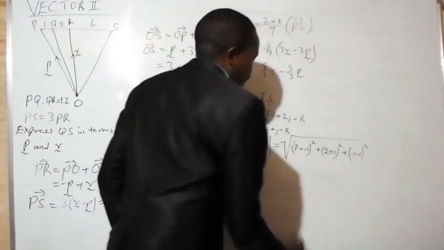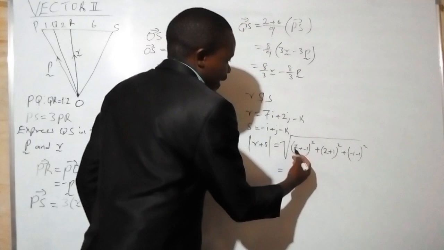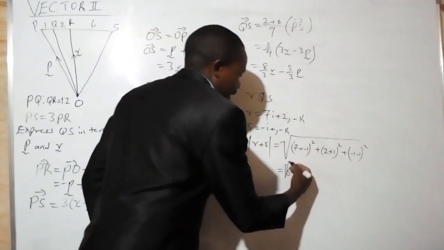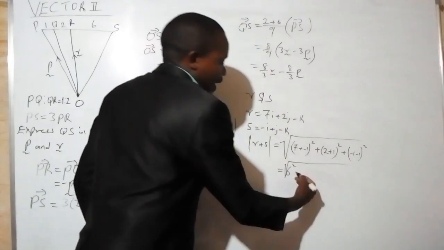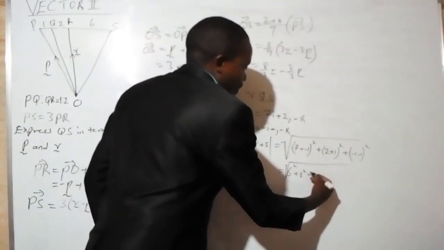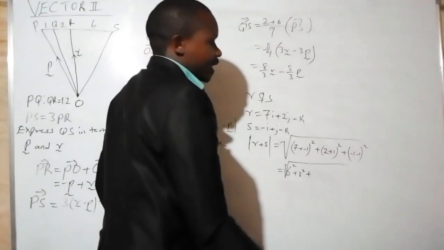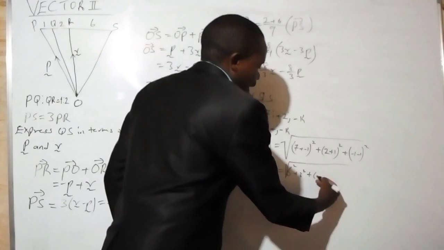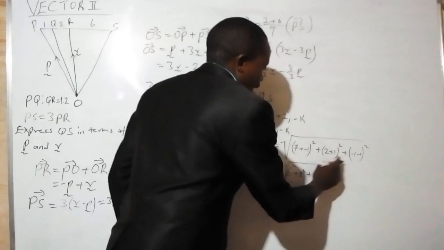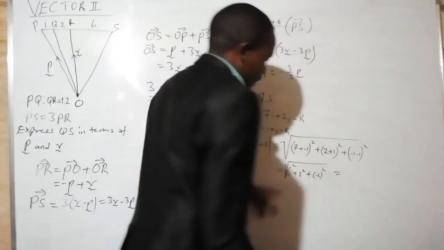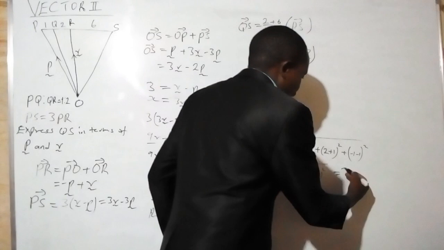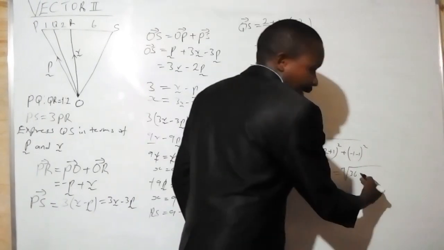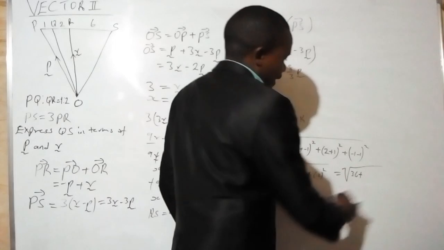And here we are going to have 7 minus 1 is 6, 6 squared is 36, plus 3 squared is 9, plus negative 2 squared, which is positive 4.